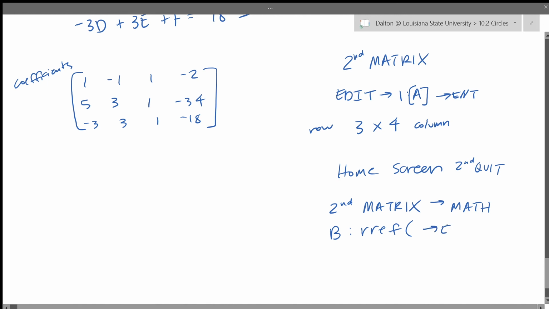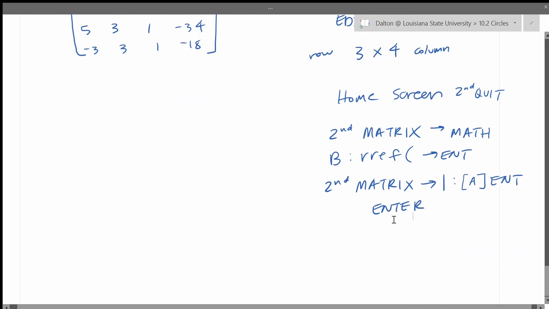And then you'll hit enter. That'll enter in RREF on your home screen. So then you need to hit second matrix again. And then hit whatever matrix you have saved. In this case, we did matrix A. So then you'll enter in matrix A. And then you'll hit enter one last time. And then it should actually calculate the reduced row echelon form of matrix A.